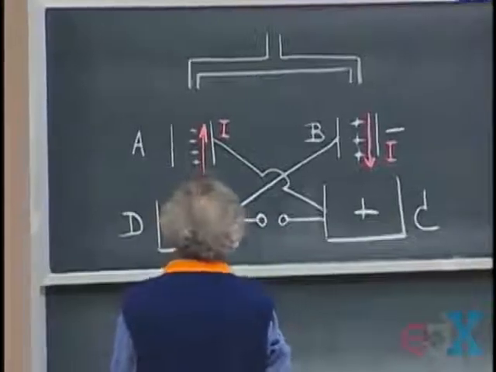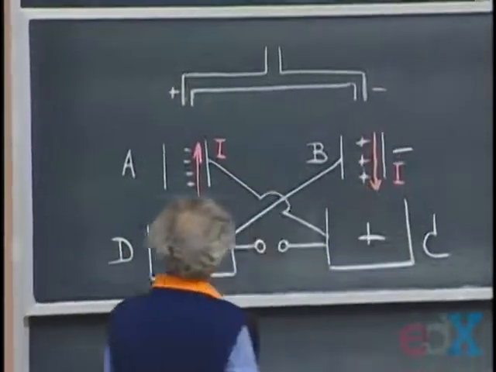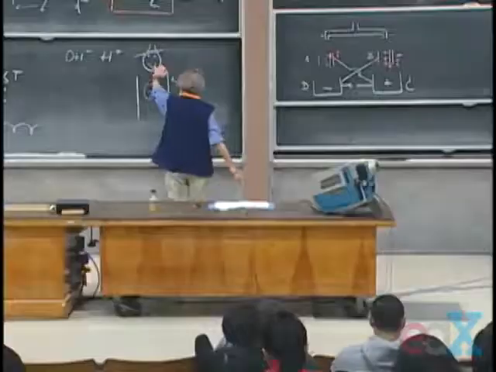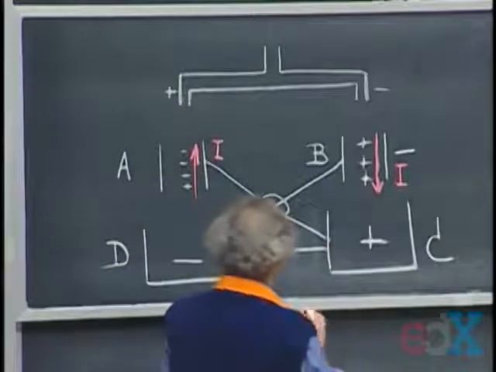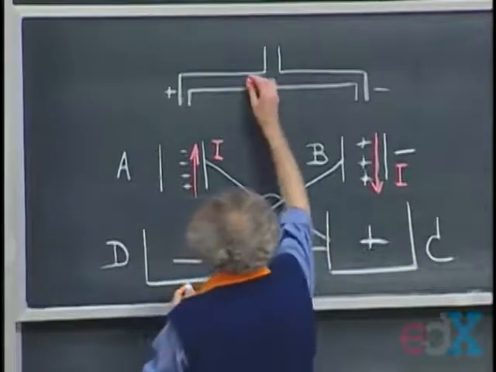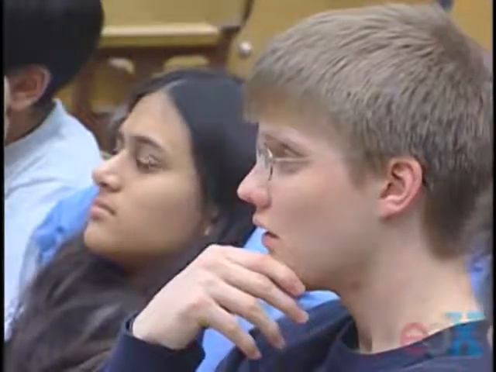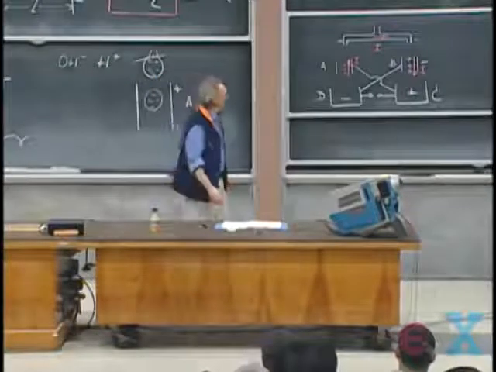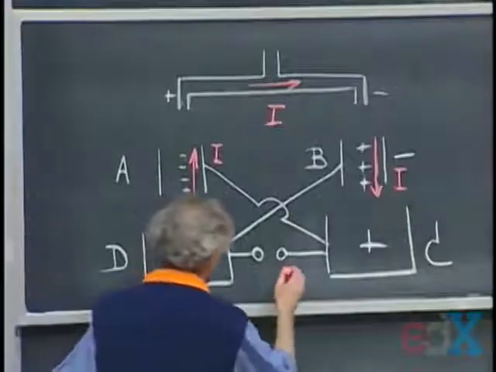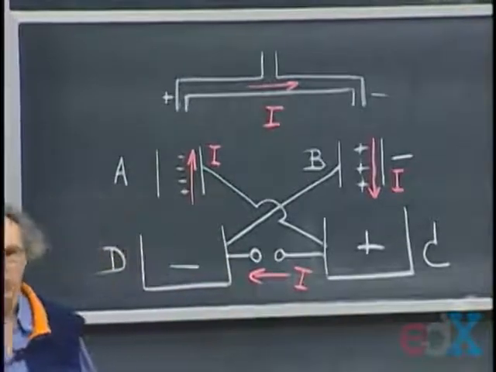This side of the spout here will be slightly positive, and this is slightly negative, because the H plus is more abundant here than there, and so we're going to get a current through the water in this direction. The water has a low but sufficient conductivity, because it's ionized 1 out of 10 to the 7 molecules. And so once in a while, if you see a spark here, then you get a current there, but that's intermittent, of course.